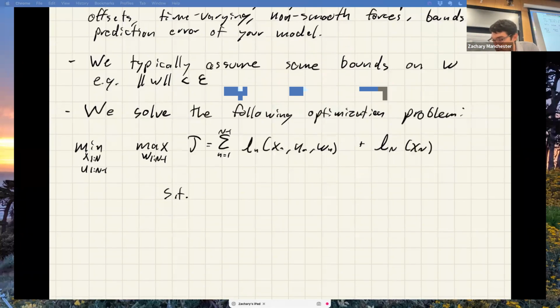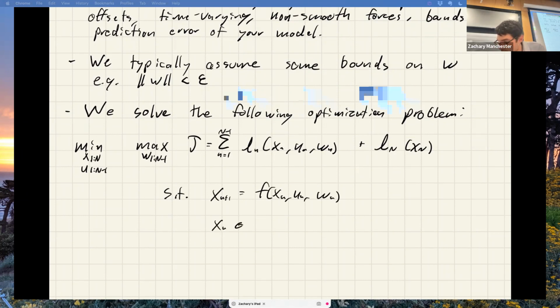And just to flesh this out, we've got our dynamics. And then we've got constraints. So for example, the usual stuff. We'll assume maybe we have some state constraints, so X is drawn from some set.